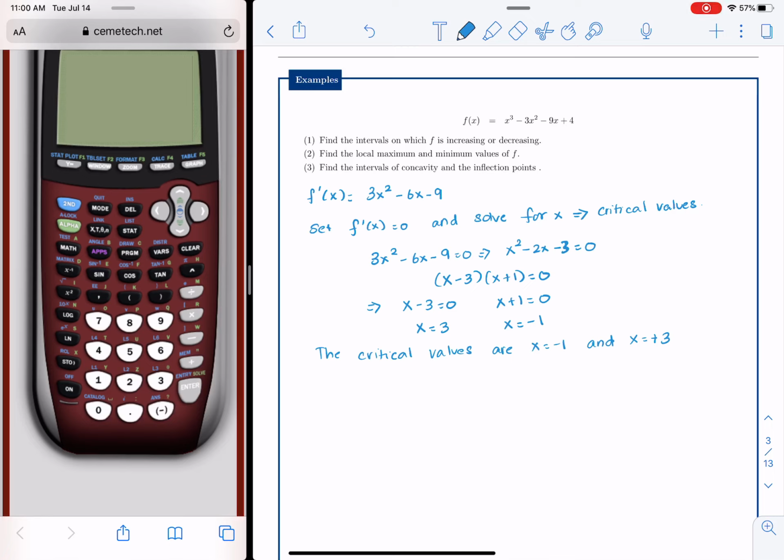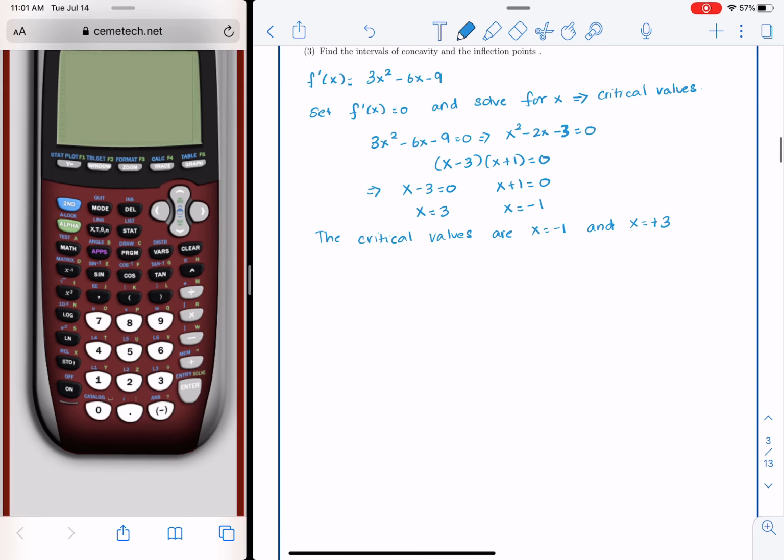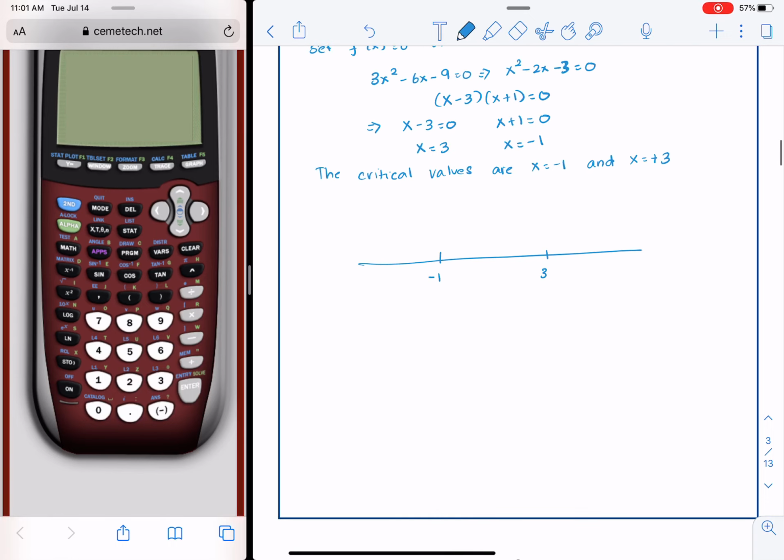If we find the critical values, then naturally we can find the local maximum and the minimum. So here is the first derivative test. Minus 1, 3. We have to pick an easy number less than minus 1. Let's pick negative 2.